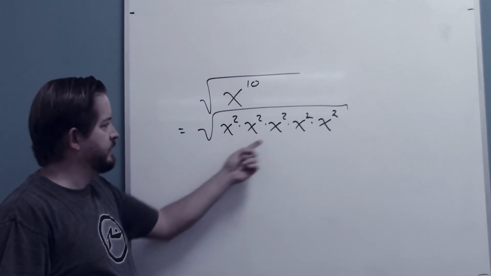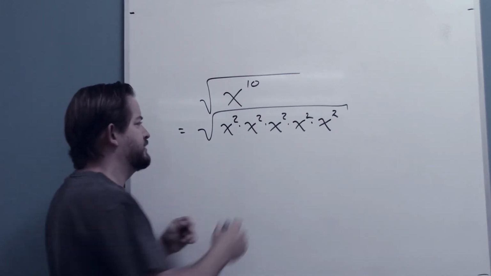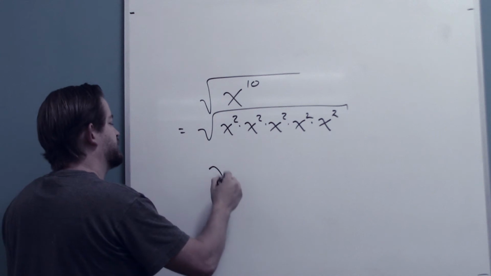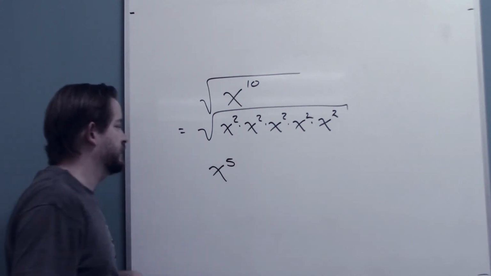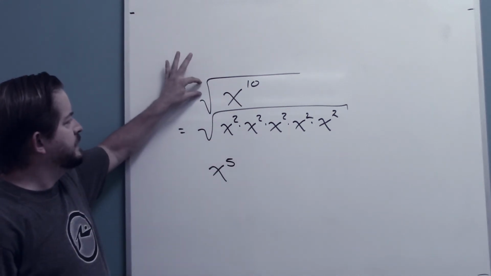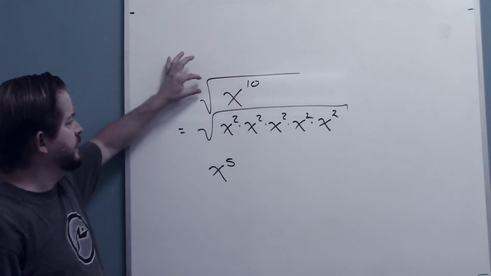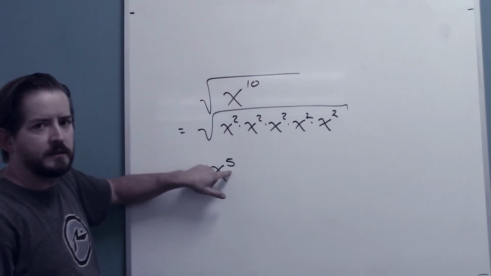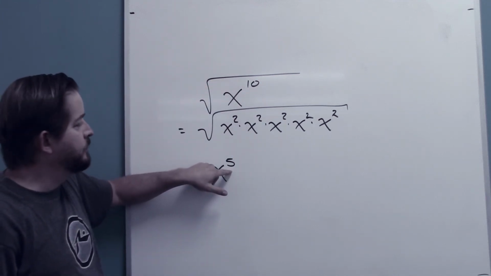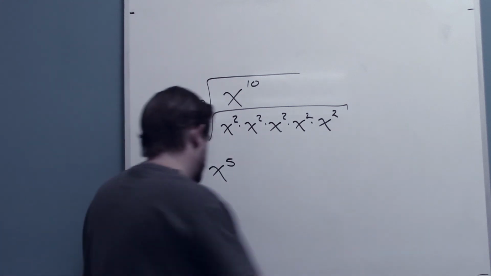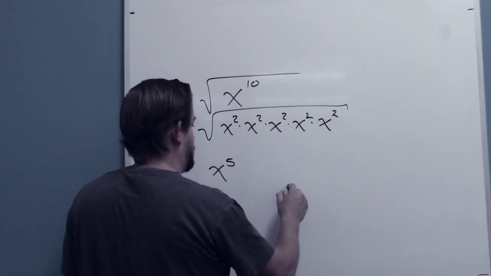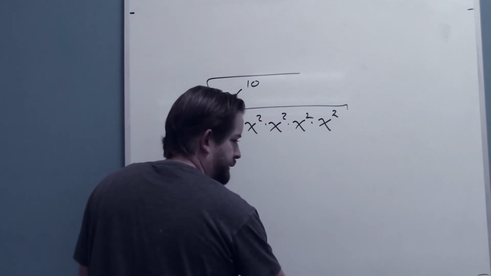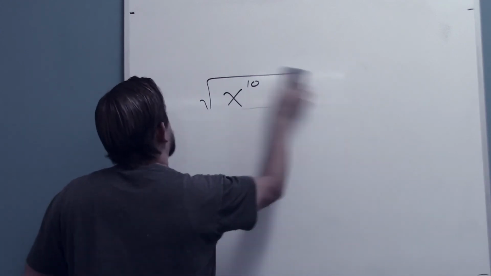I can take out another x, I can take out another x. And so I'm really taking out 5 x's here, and so this ends up being x to the 5th, right? The index here is 2, so it's like I took that 10 and divided by 2 to give me x to the 5th, right? And I can think of it that way.